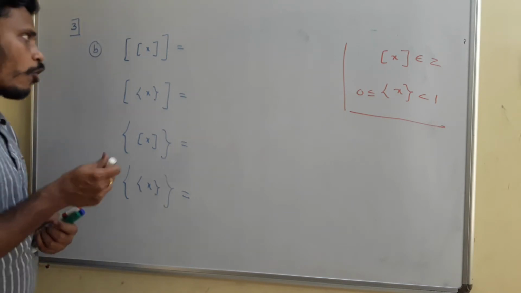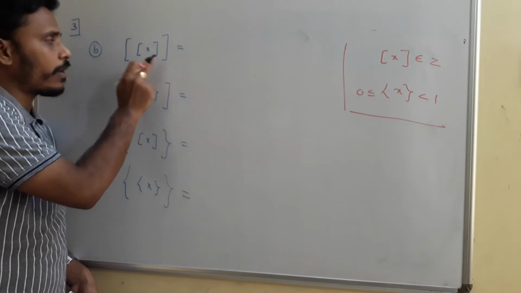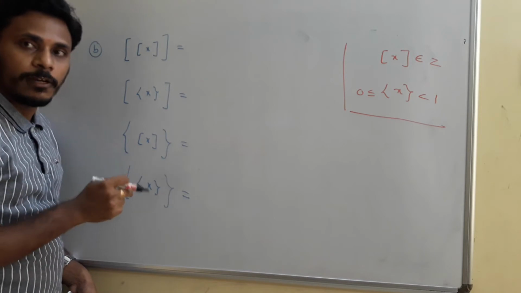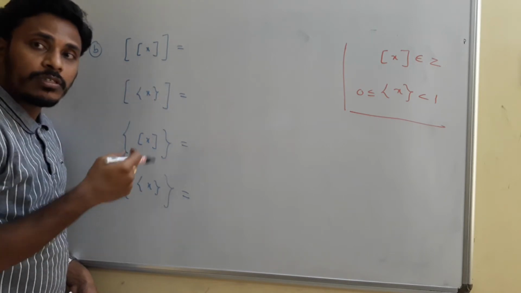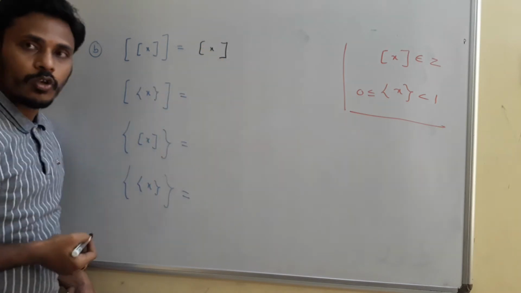Using that we need to answer. Coming to the first problem, floor of floor x. You just leave the outer floor and think about the inner floor. This expression inside is an integer, and floor of an integral value is that integer itself. So floor of floor x is nothing but floor x only.